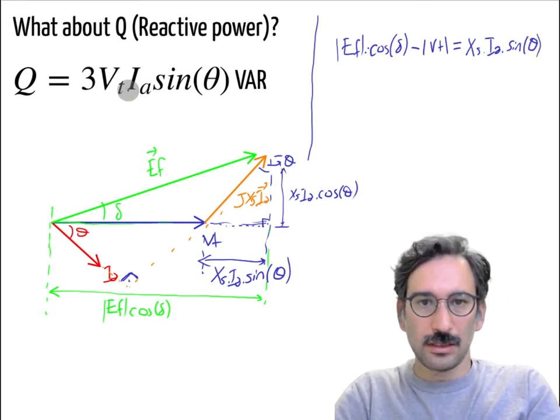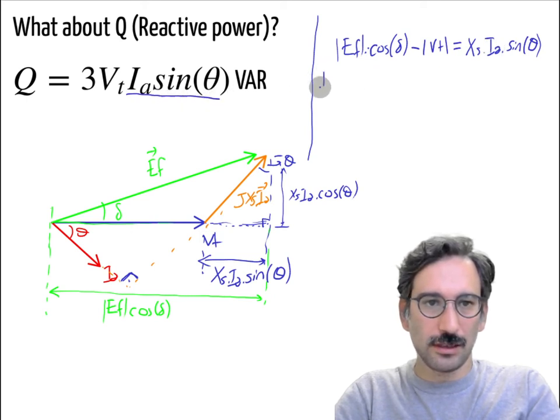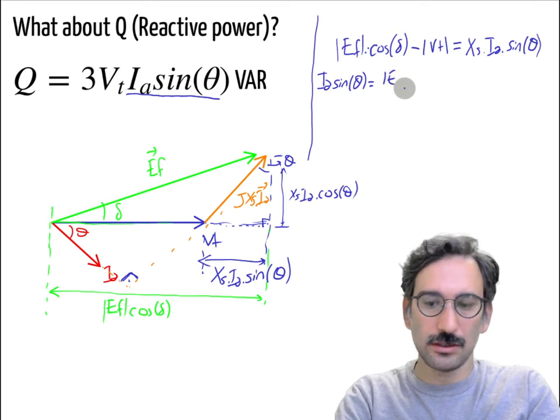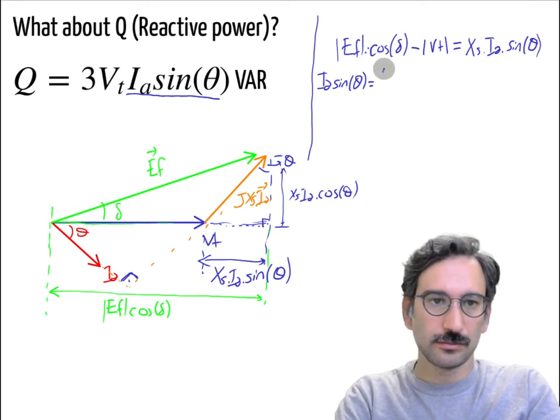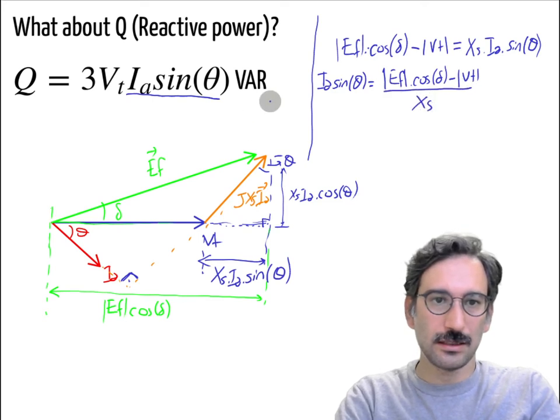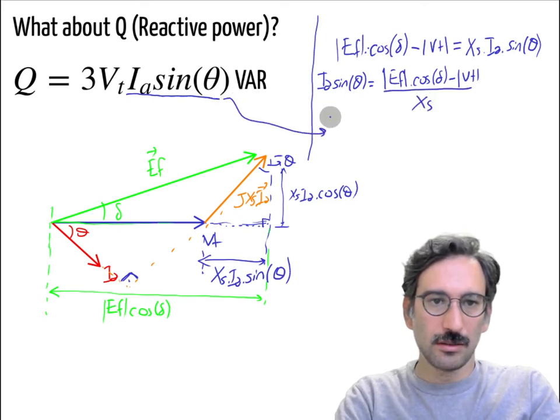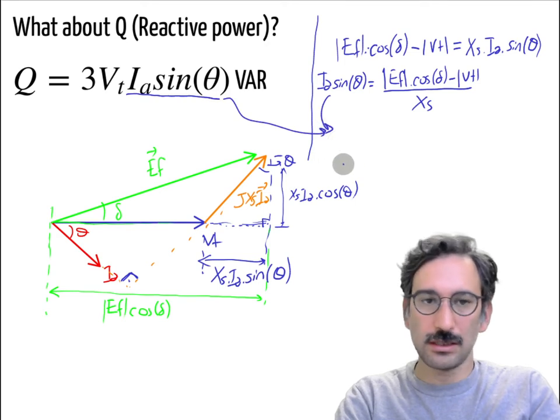So I can rewrite that equation: Ia sine theta is equal to Ef cos delta minus Vt, divided by Xs. So I can write these two equations together.